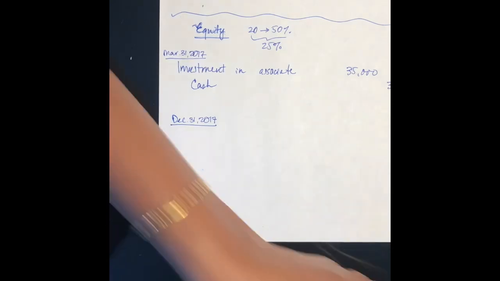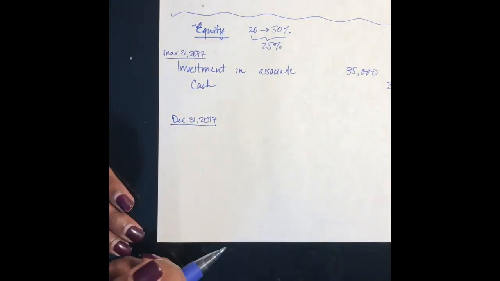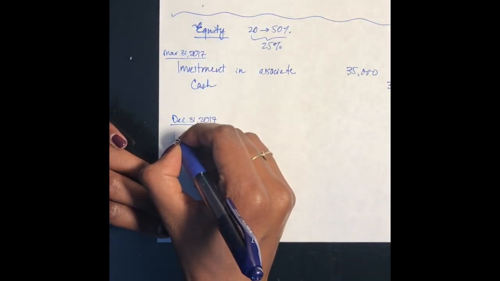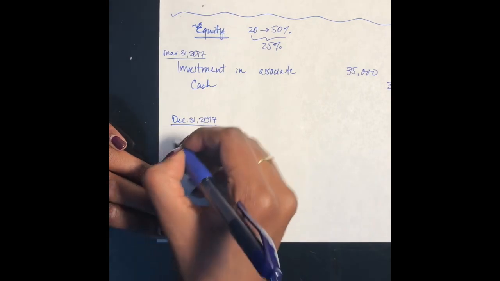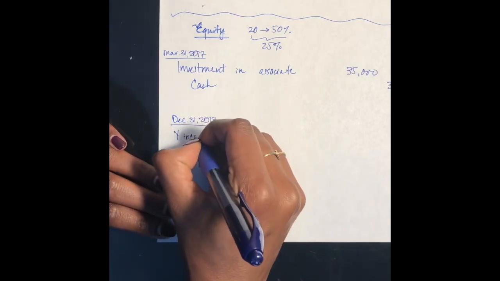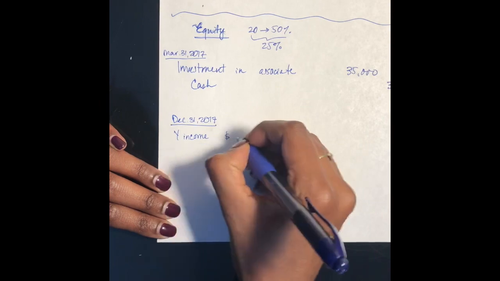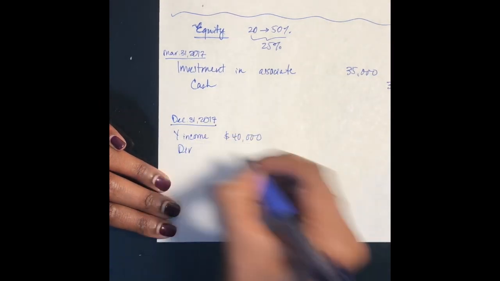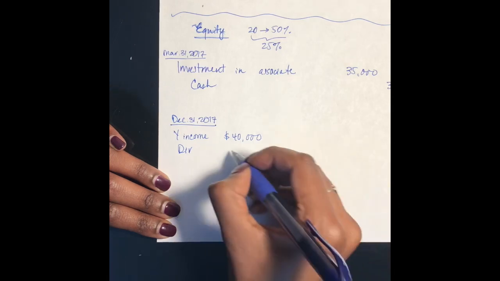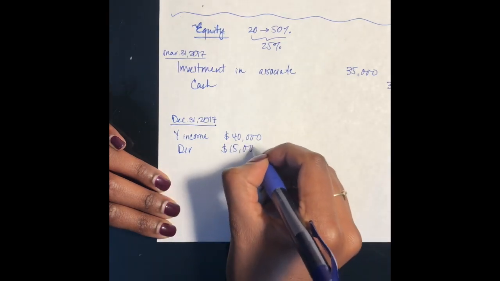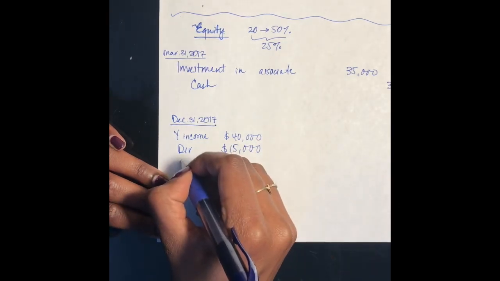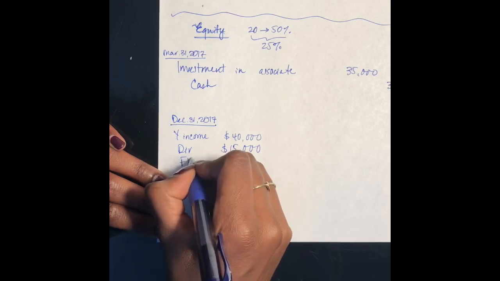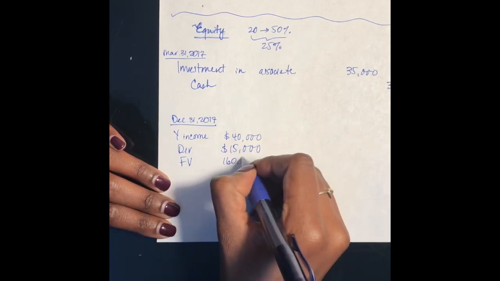So at December 31st, 2017, what does the question tell you? The question tells you that Y has income of 40,000, pays dividends of $15,000 and has a fair value of $160,000.